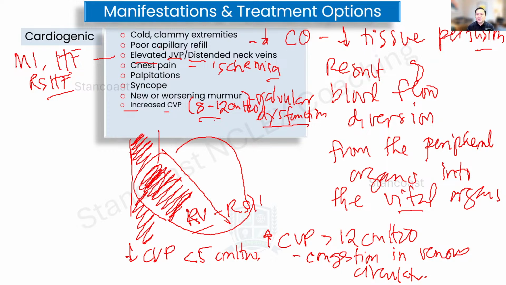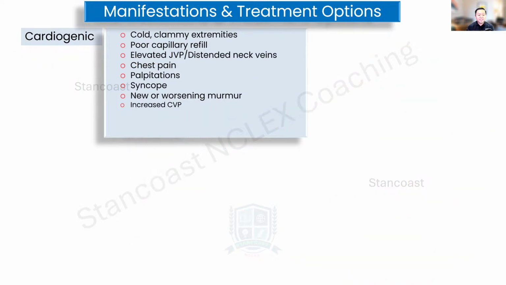Now, what else are we going to expect in a case of cardiogenic shock? The person will end up with a decrease in the cardiac output. Of course, cardiac output is the total amount of blood that will be ejected by the ventricles every minute, supposedly 4 to 6 liters per minute, but this is going to be decreased significantly. There's also a variable heart rate.